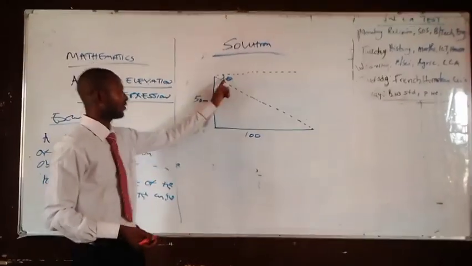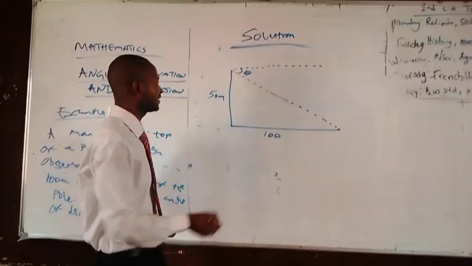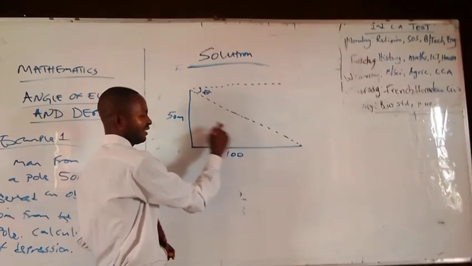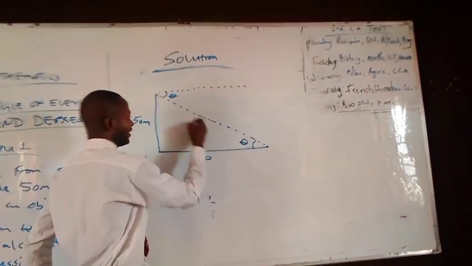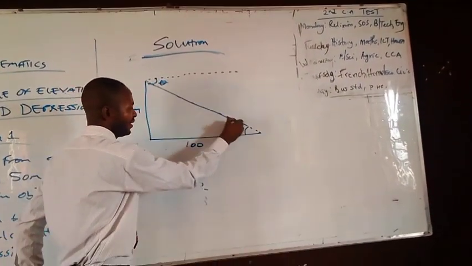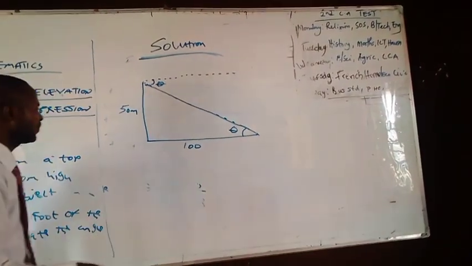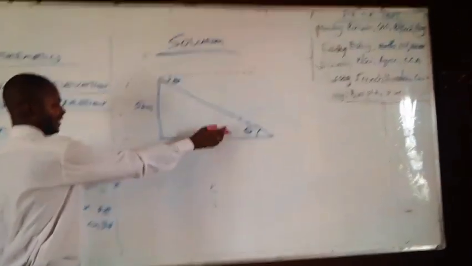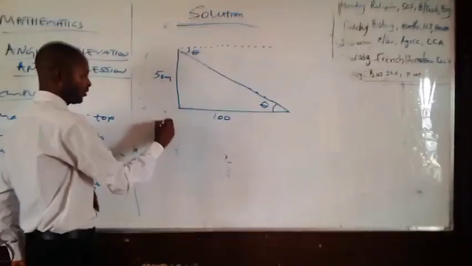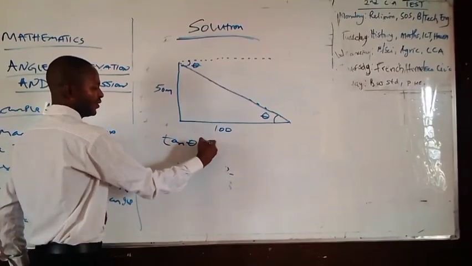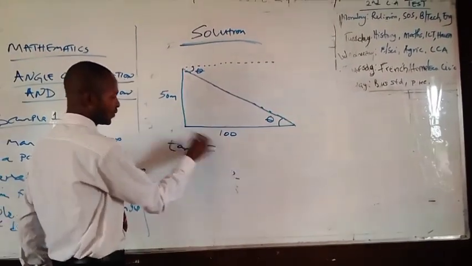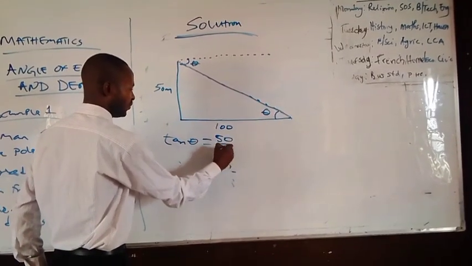We know that when we have parallel lines, alternate angles are equal. So if I'm having theta here, that means I'm going to be having theta here. What I'm having now is a right angle triangle, so with theta here, we have opposite and adjacent. We are going to be using tan theta, which is 50 over 100.